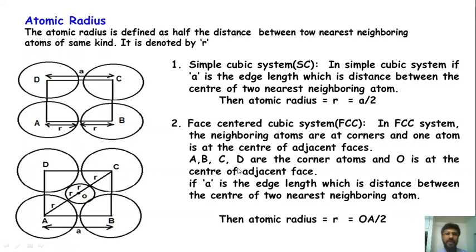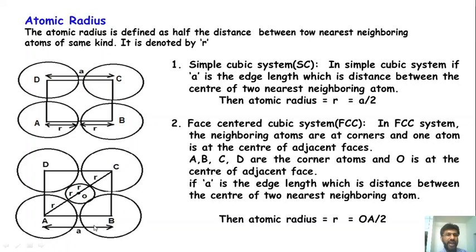In the case of the face-centered cubic system, the neighboring atoms are at the corners and one atom is at the center of the adjacent face. So A, B, C, D are the corner atoms, while O is the center atom of the adjacent face.